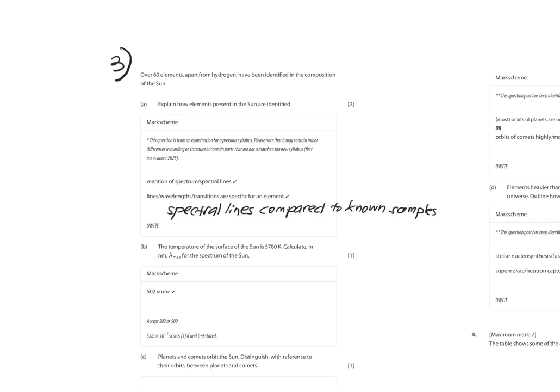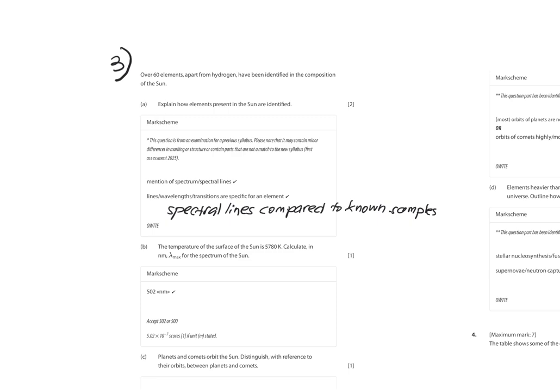Actually, as I'm writing this, I think spectral lines are compared to known samples, and come to think of it, spectral lines from the sun, the reason why helium is called helium is because helios means the sun. It's a Greek word for sun. And so they discovered the spectral lines for helium in the sun before they discovered that helium itself has spectral lines.